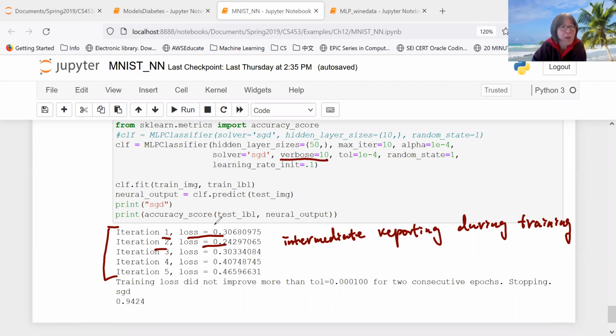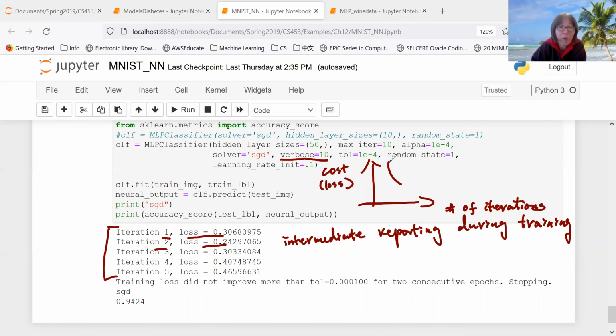If you recall, the best scenario is with the number of iterations. So here is the cost, or we call it the loss, and here is the number of iterations. It should go like something like this, which means the loss is decreasing with the number of iterations. So normally that means your result will be good.